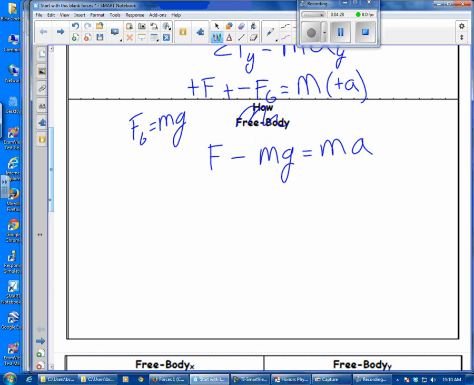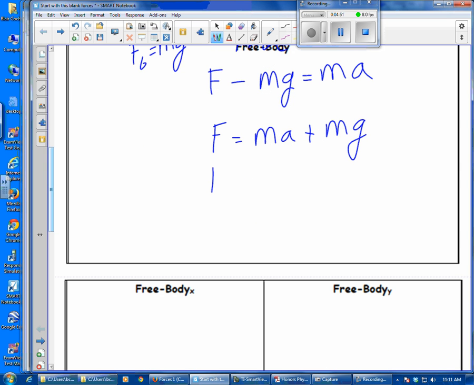Because now, really, in essence, most of the physics is done. Now I just have to do that pesky math stuff. All right? So algebraically, I'm going to rearrange it so it's F equals ma plus mg. That okay? Yeah. And then my next algebra step would be F equals m times (a plus g).